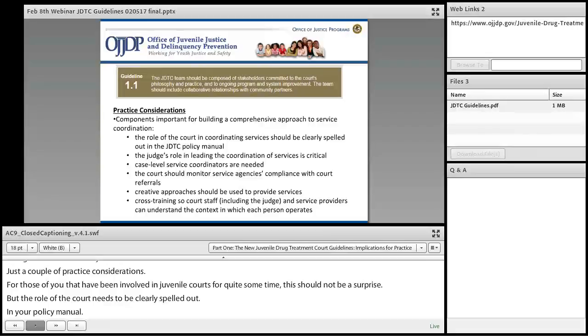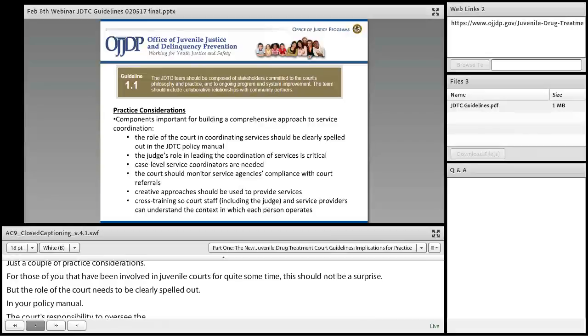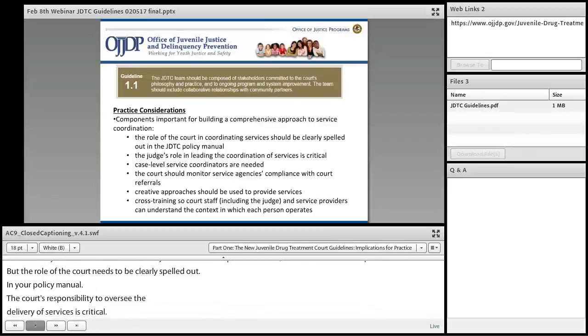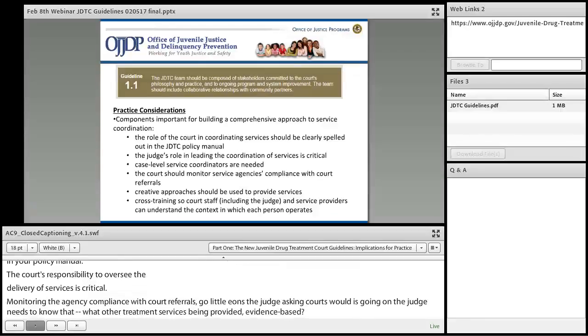Monitoring the agency's compliance with court referrals goes a little bit beyond the judge just asking in court what's going on. The judge needs to know a bit about what kind of treatment services are being provided, are they evidence-based, and throughout the drug court programming, we saw a lot of creative approaches to providing services, not quite the same as you would in a traditional probation caseload.